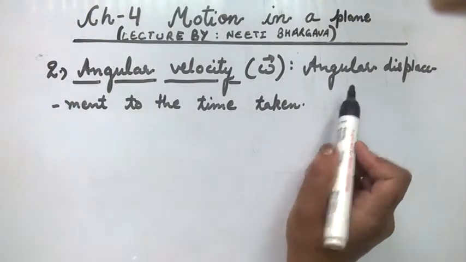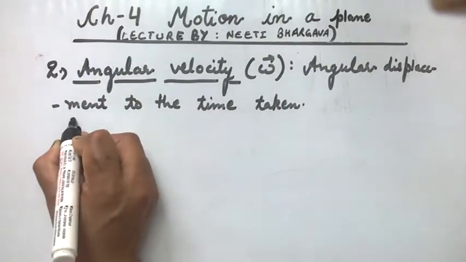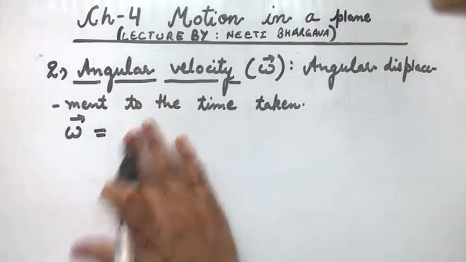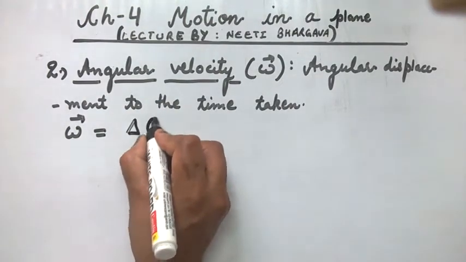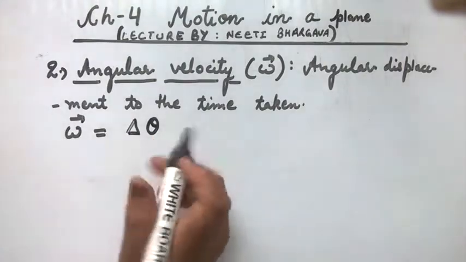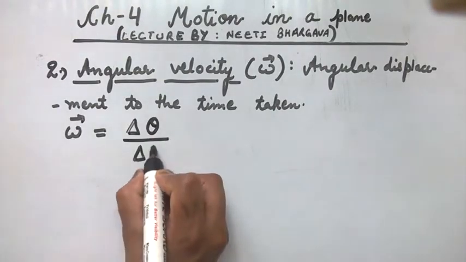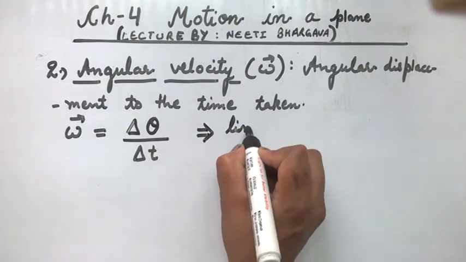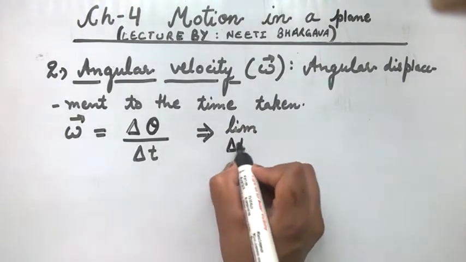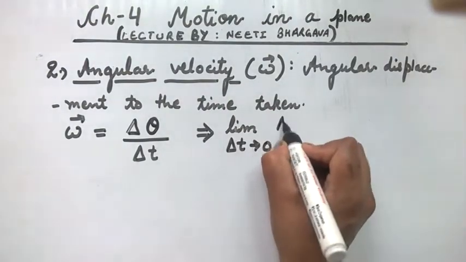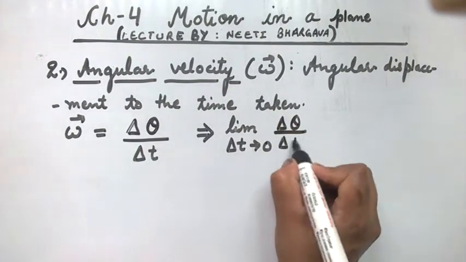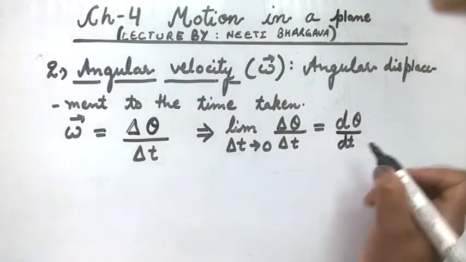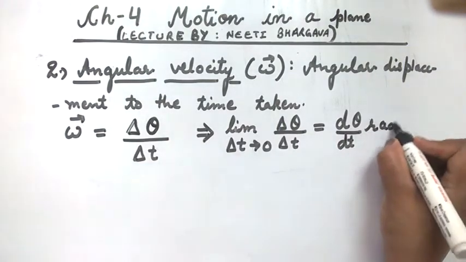Angular displacement is also small and we can write it as del theta, that is very small, and time is also small. We can write it in differentiation form, that is, limit delta t tends to 0, del theta by del t is equal to d theta by dt, and its unit is radian per second.